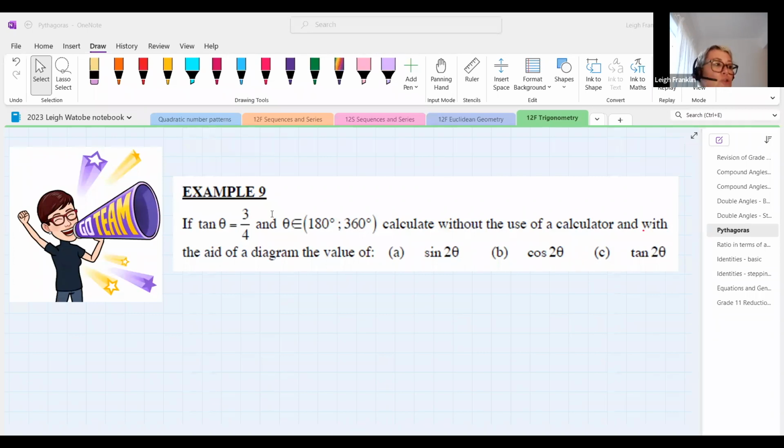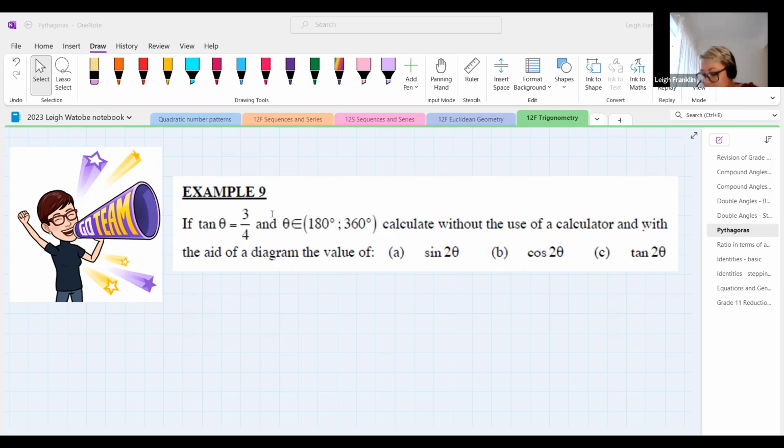One of the very common types of questions that gets asked in Trig is a question about the theorem of Pythagoras. These are questions that say if tan theta or sine theta or cos theta equals a value, and then they give you a restriction on the size of theta, calculate without the use of a calculator and with the aid of a diagram the value of various different things.